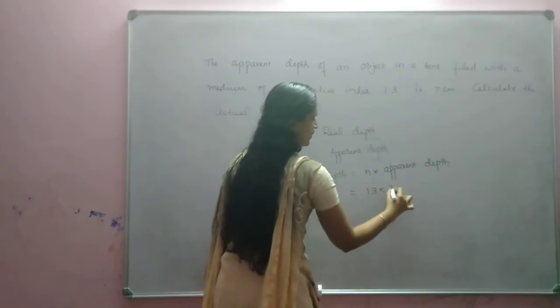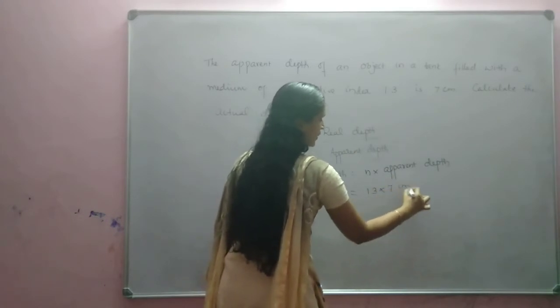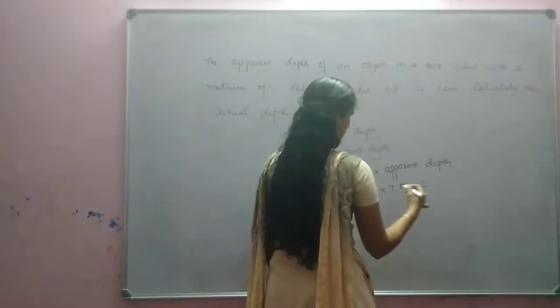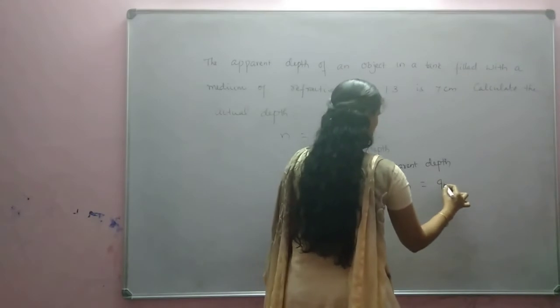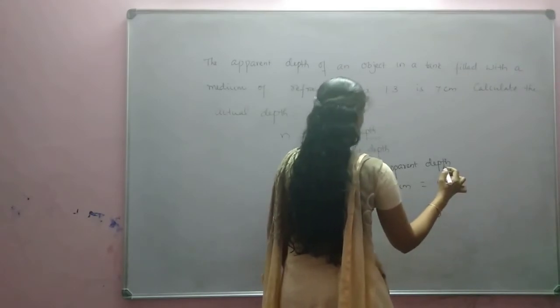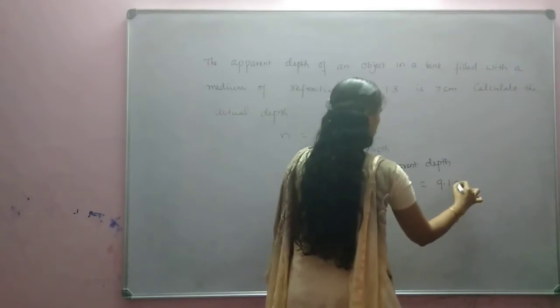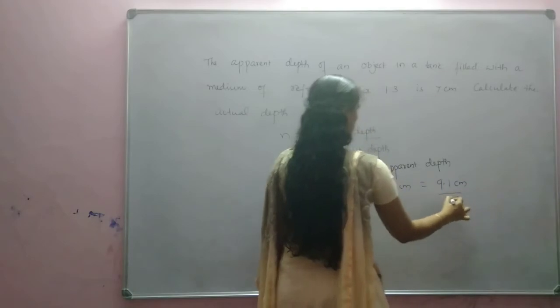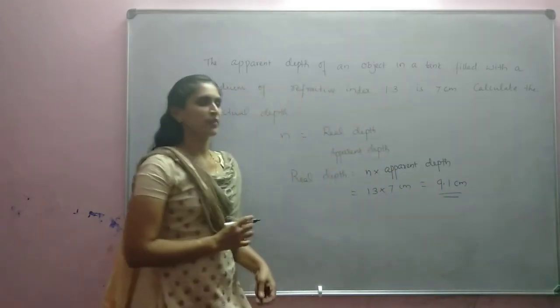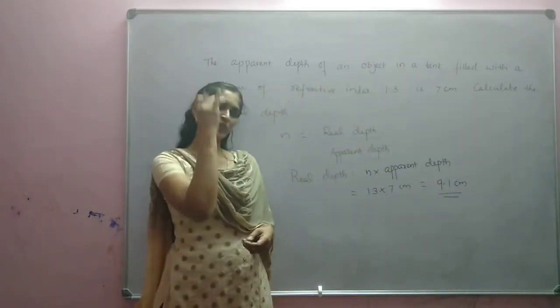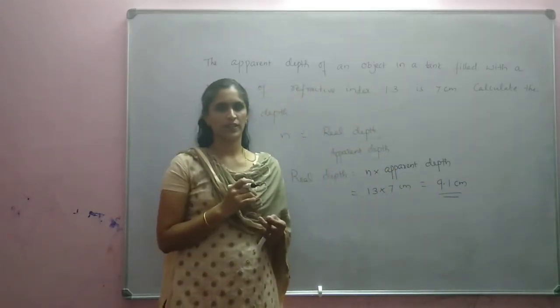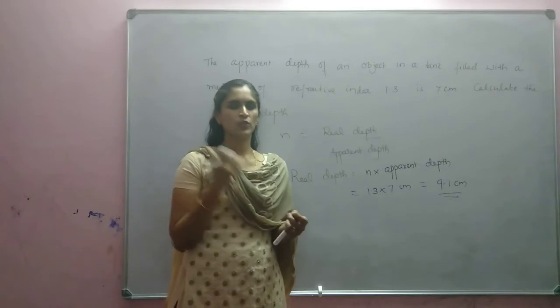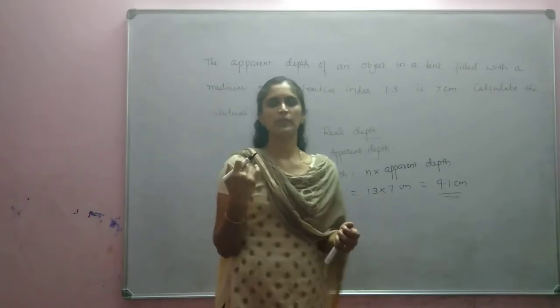It is given in centimeters, so you can write 7 centimeter. So what you will get? 9.1 centimeter. Okay. So actually it is 9.1 centimeter, but it appears to be 7 centimeter. Okay. Is it clear? So shall we discuss the next problem?